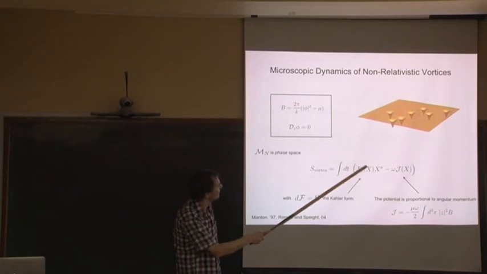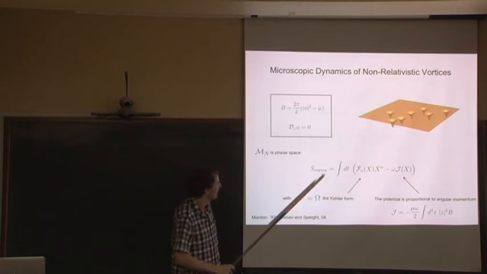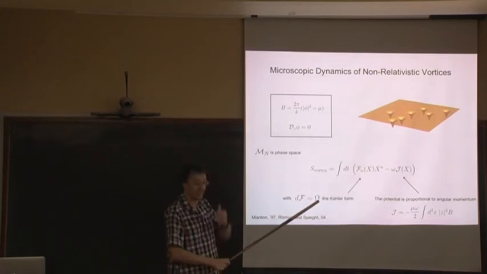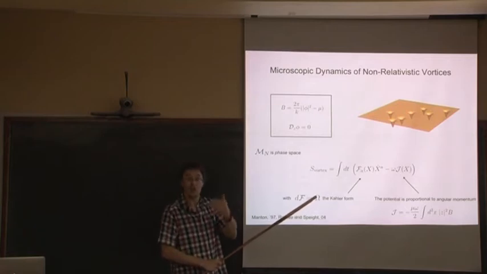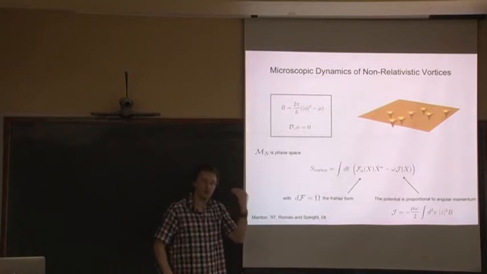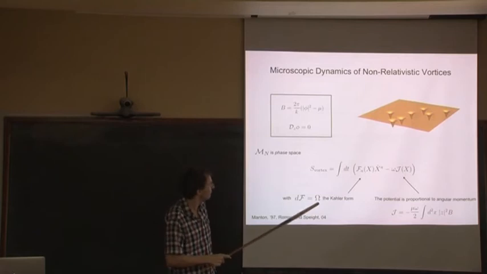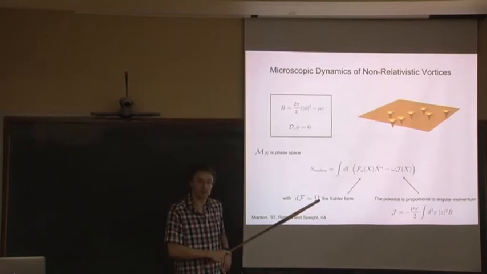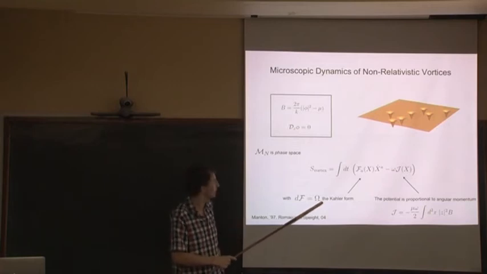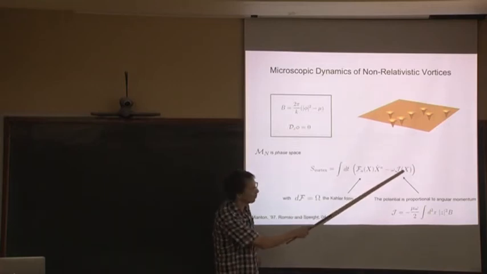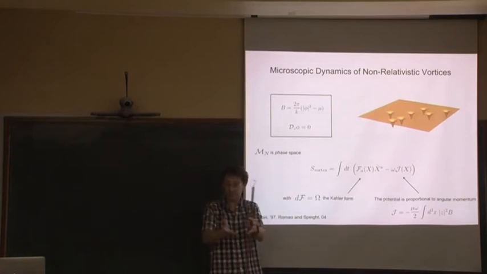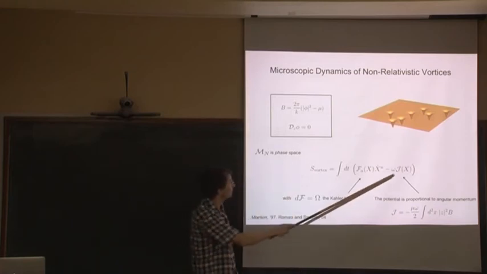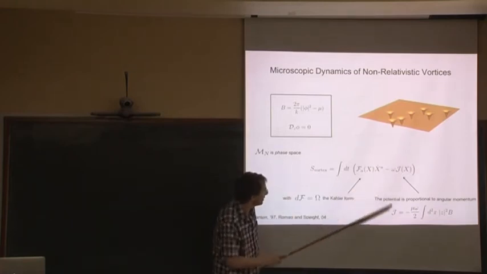There's a one-form over the moduli space, where d of the one-form is the symplectic form, which in this case you roughly know what it is. It's a Kähler form on the vortex moduli space. It turns out vortex moduli space is a complex manifold, and there's a Kähler form. Meanwhile, the potential that we had, the thing forcing these objects to the origin, also has a nice interpretation.